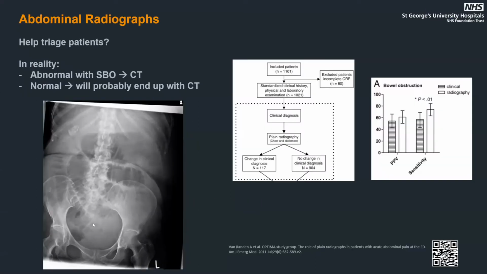Okay. So abdominal radiographs, are they useful? Well, potentially they could help triage patients when you first see them. But in reality, if you have an abnormal X-ray like this, you're often going to end up wanting a CT scan. And if you have a normal abdo X-ray, but you're clinically concerned, you're going to end up with a CT scan. So this is almost an old test, but we still continue to do it.